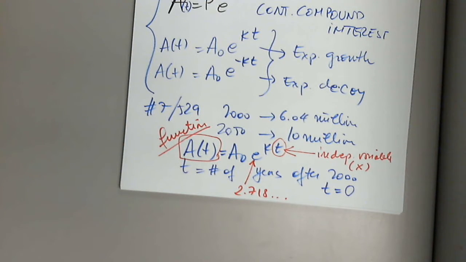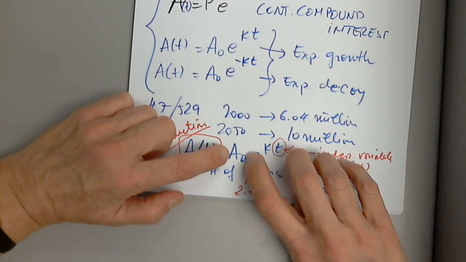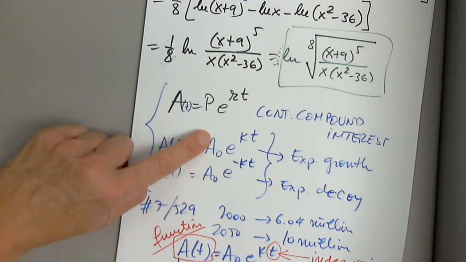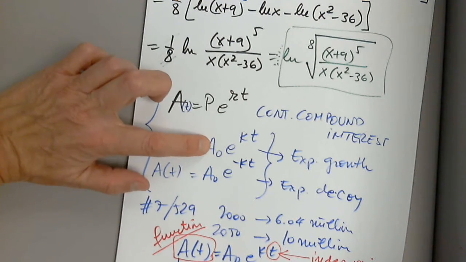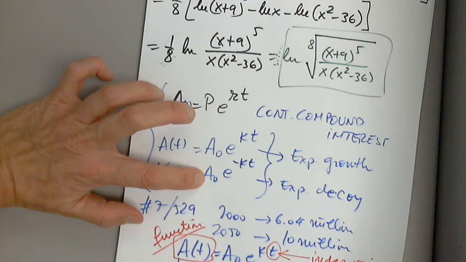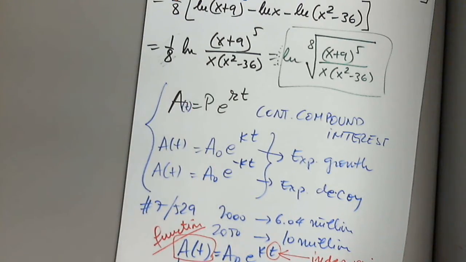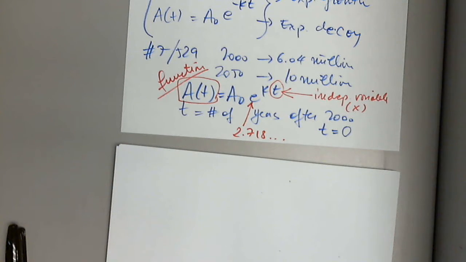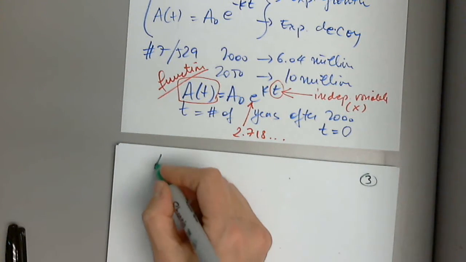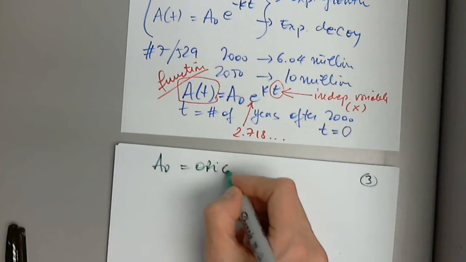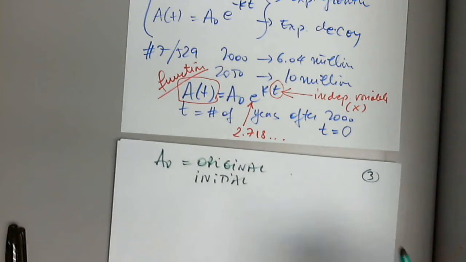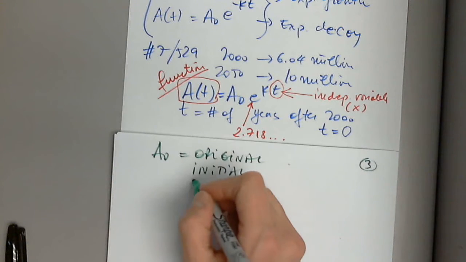So then what am I missing? I'm missing the original, so A0. Like here, this was called principal. A0 is called the initial number of people or initial mass. So A0 is the original or initial value or starting point.